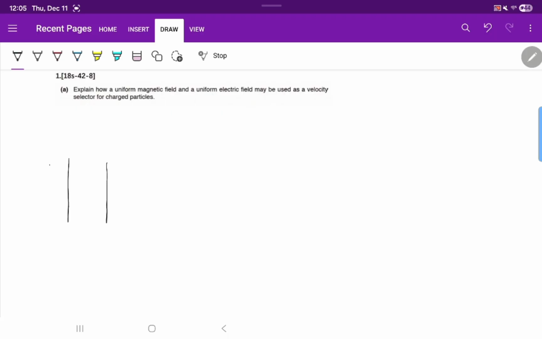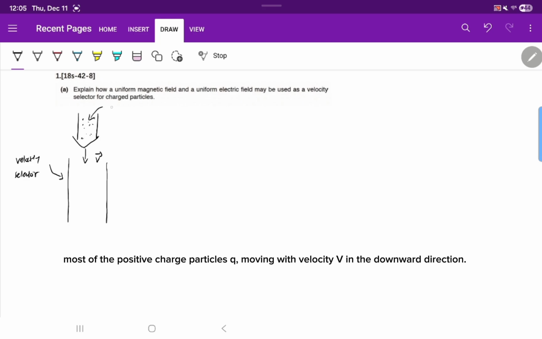Let's say this is the velocity selector. And then let's say you have a beam of charged particles moving in this direction with a speed of v, and all of these charged particles have a charge of q.